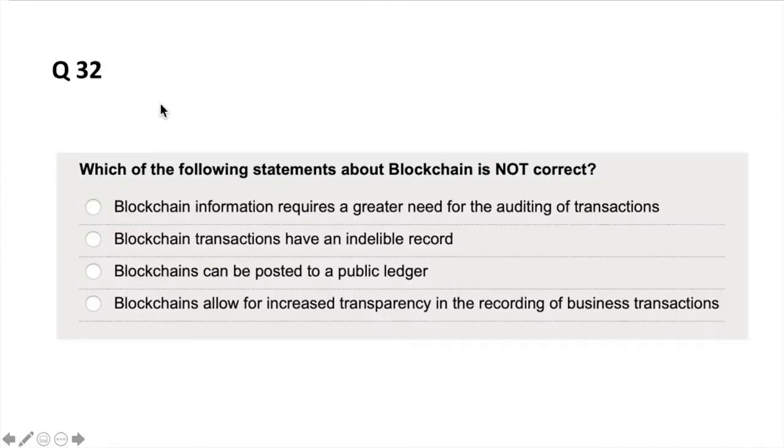Question number 32. Which of the following statements about blockchain is not correct? So to answer this one, we need to remember what blockchain is and what it is all about. Now, blockchain is a shared ledger that facilitates the process of recording transactions and tracking assets in a business network.